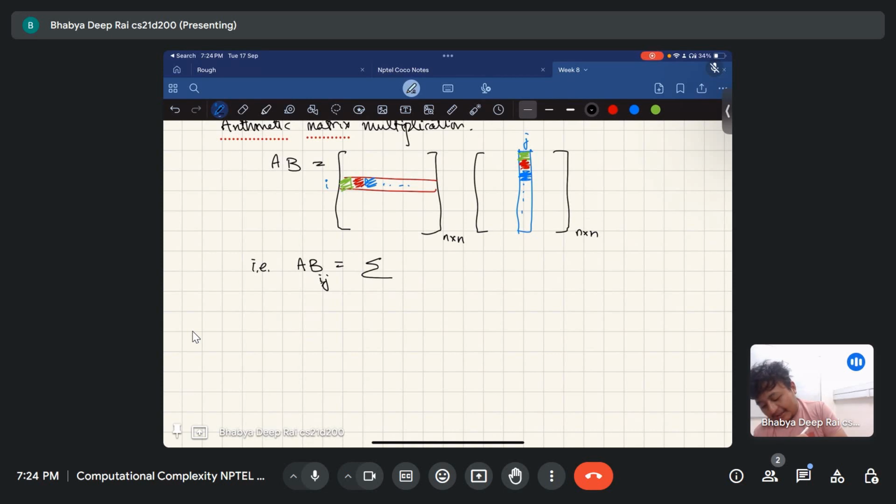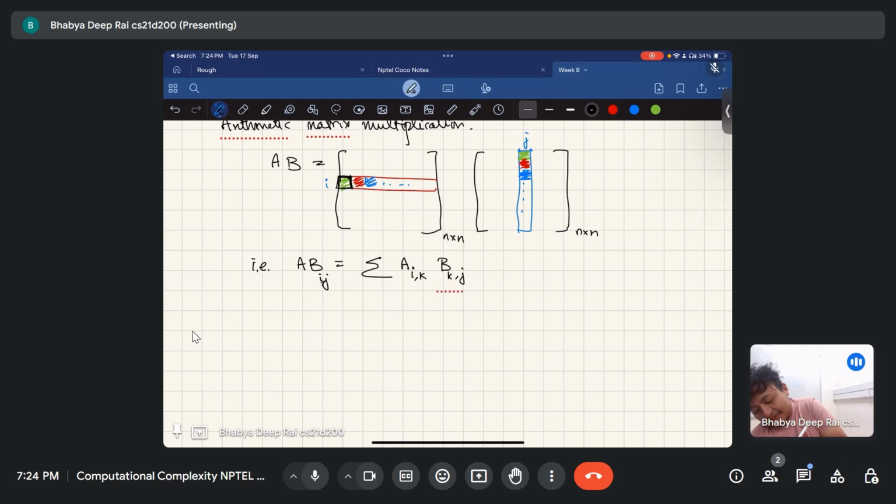For every k, take the element of A in the ith row at index k and the element in the jth column of B at the same index k.